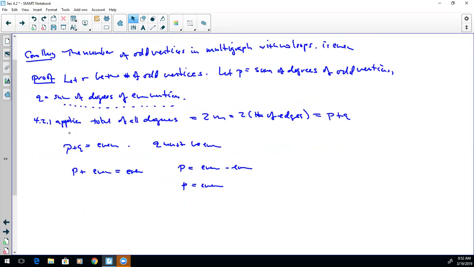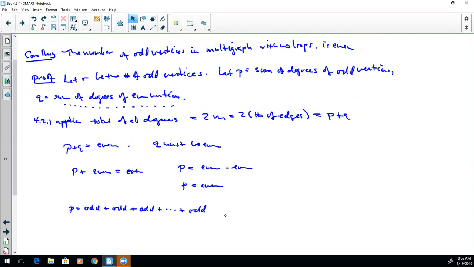Okay. All right, now what is P? P is the sum of the degrees of the odd vertices. So every vertex here has an odd degree. So for P we take the first odd vertex plus the second one, so you're adding up the degrees of all of these.